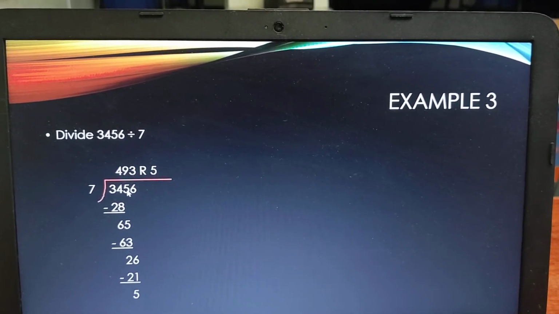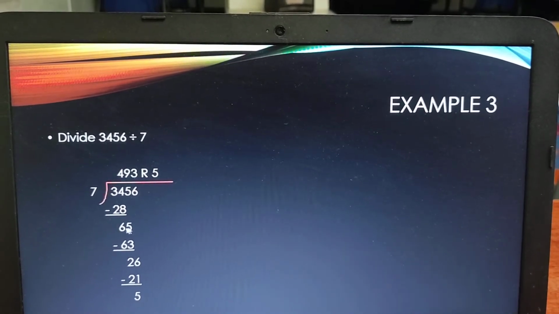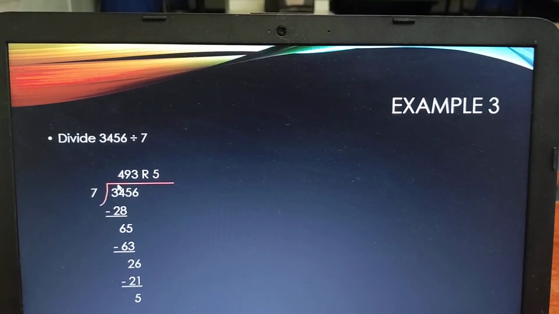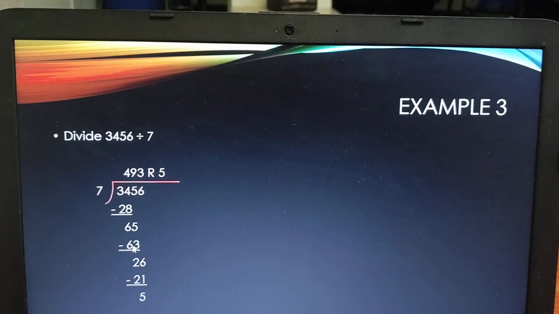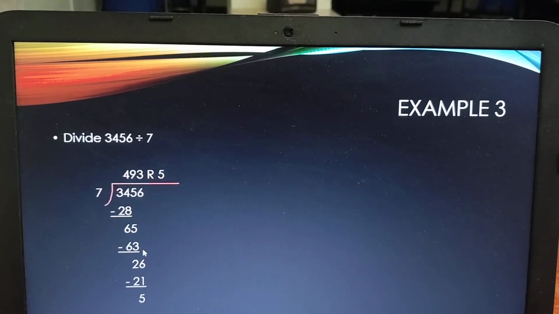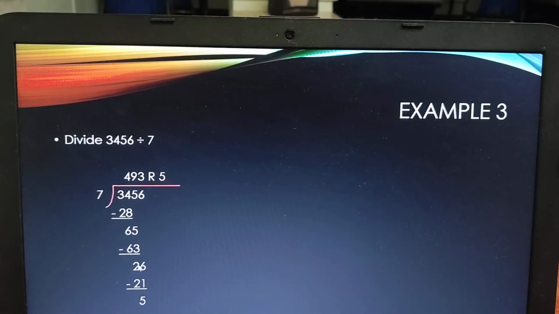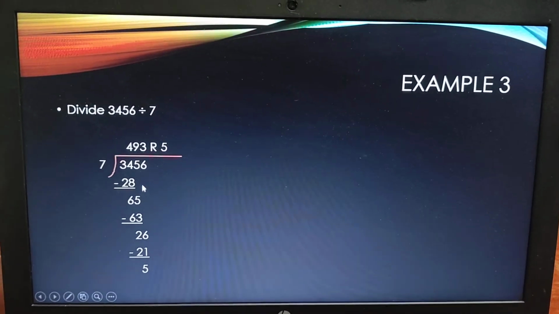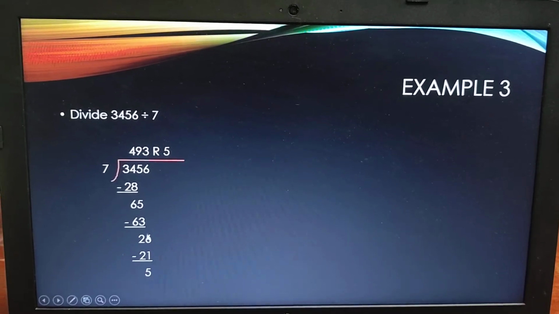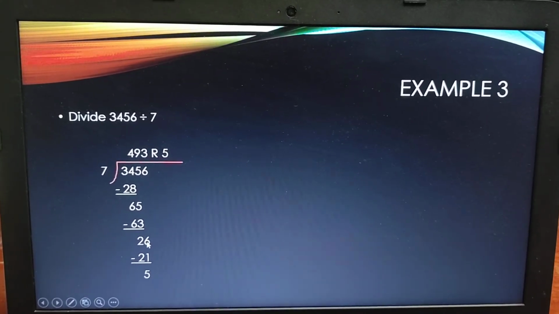I write the 9 over the 5 since that's the last digit I'm going into. 7 times 9 is 63. I write 63 underneath the 65 and subtract. 65 minus 63 is 2. Then I have to bring down my next number, which is the 6. Put it right next to the 2.